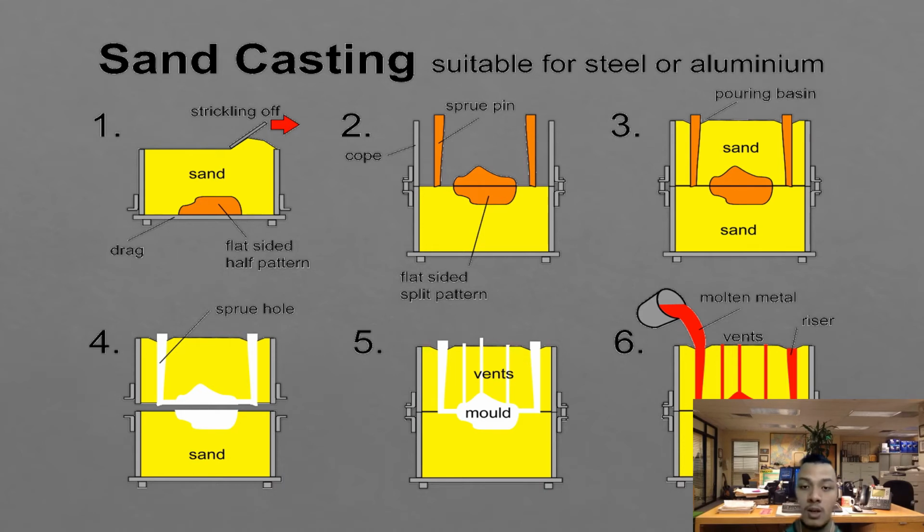Using the screw pin, we create a hole for the molten metal to flow through, and that is all for me for this part.